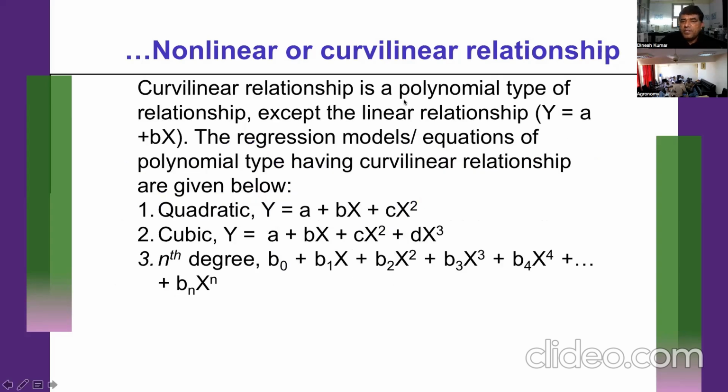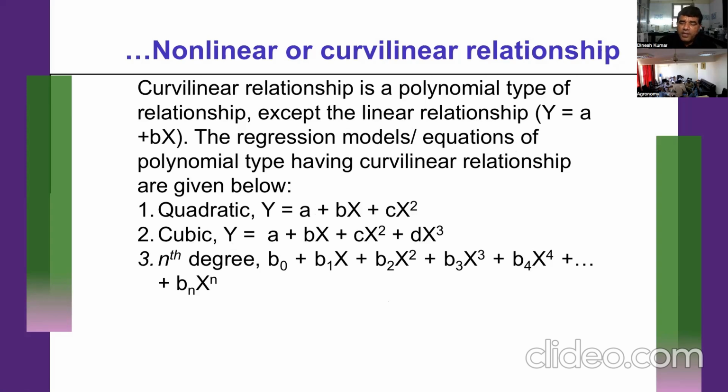Curvilinear relationship is a polynomial type of relationship except the linear. The regression models or equations of polynomial type are quadratic, y is equal to a plus bx plus cx square, cubic, y is equal to a plus bx plus cx square plus dx cube, and so on. So these are the non-linear relationships.